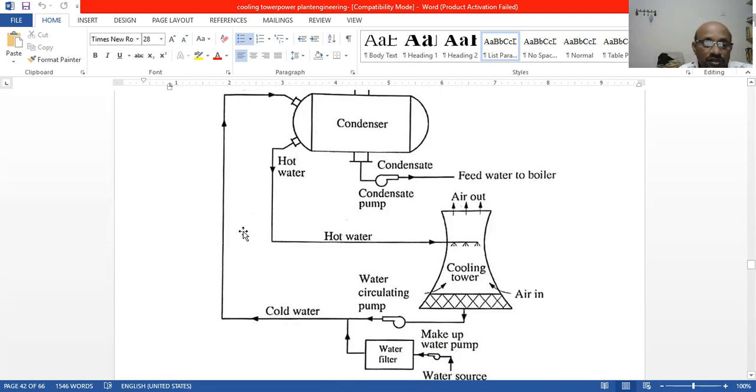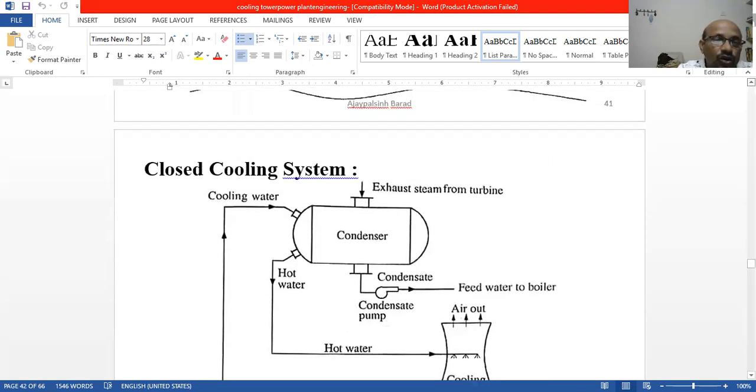In this cooling tower the air comes in, and the cool air cools that hot water. That is one of the systems, the closed cooling system. It is very interesting and highly efficient.